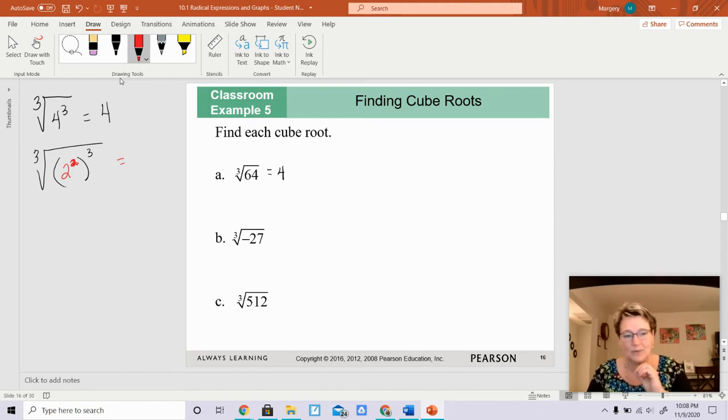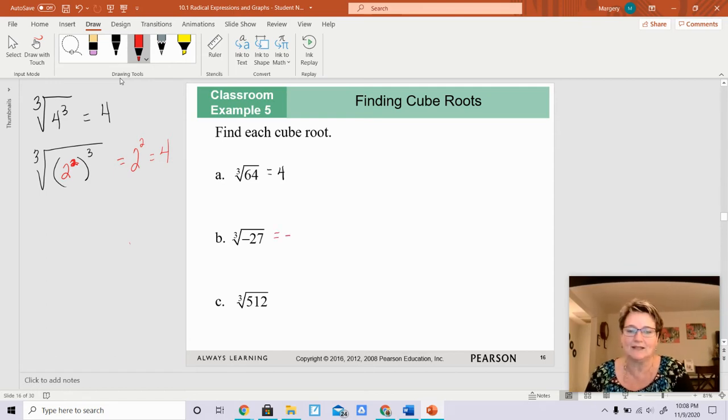So inside this parentheses, I have a 2 squared, and 2 squared is 4. Whenever you're taking a cube root, you want that to be a cube here. These are just ways you could do the problem if you did not memorize the cube root of 64 as being 4.